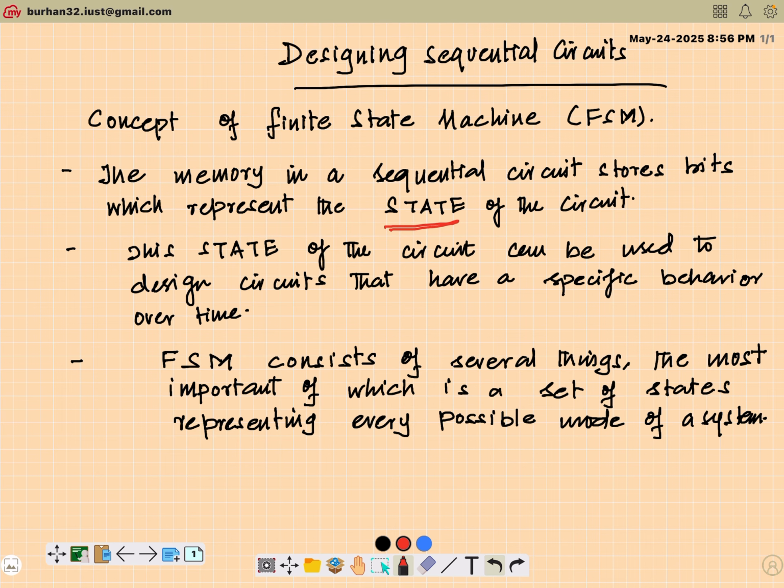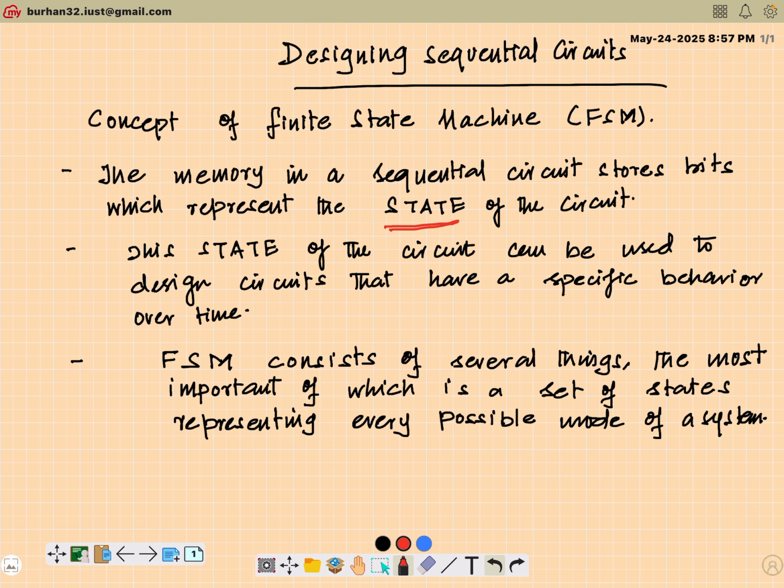And we use an approach that's known as the concept of finite state machine. It's quite literal that we design a machine. Machine here means a sequential circuit, which is based on a finite number of states. And as I said, state means the behavior of the circuit in a certain clock interval. Fine.